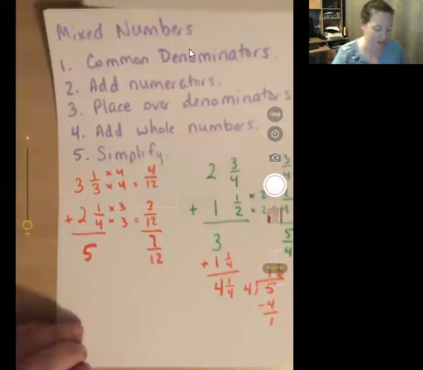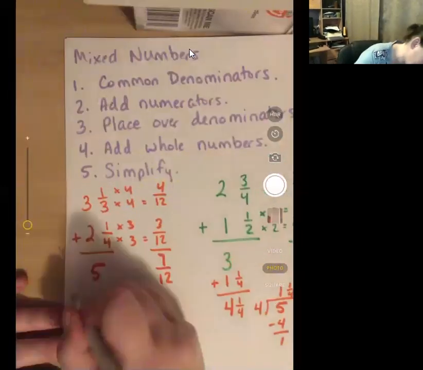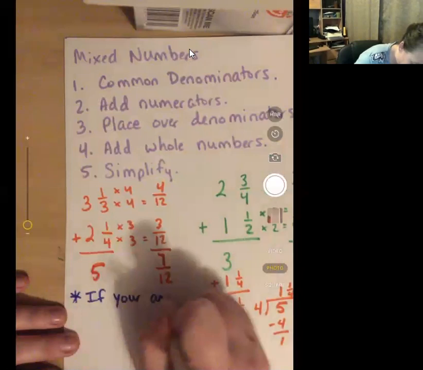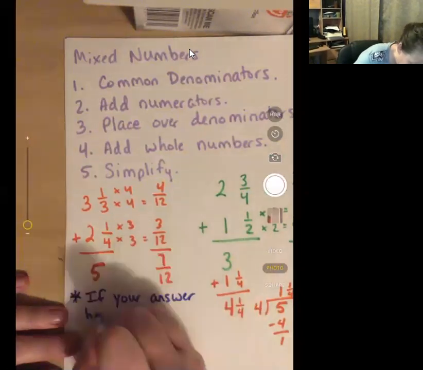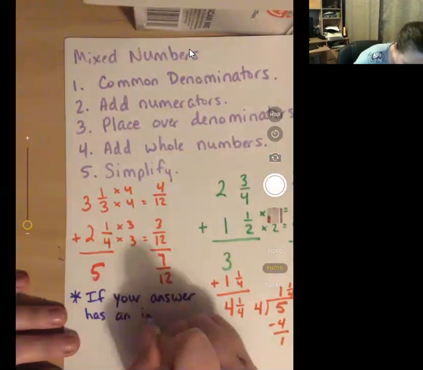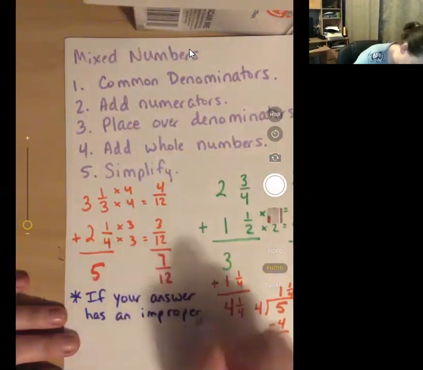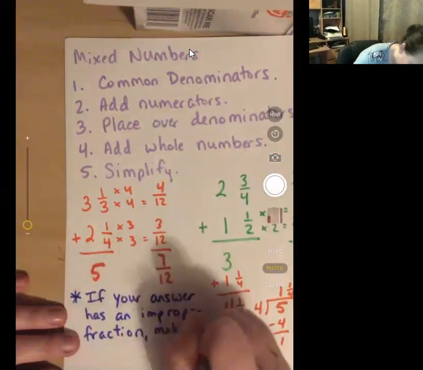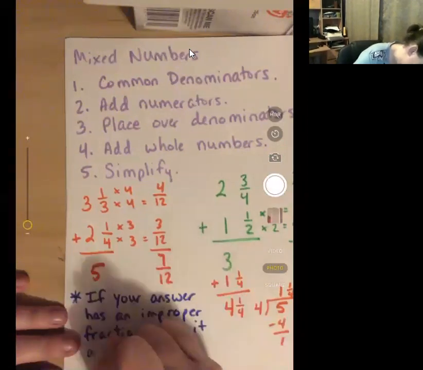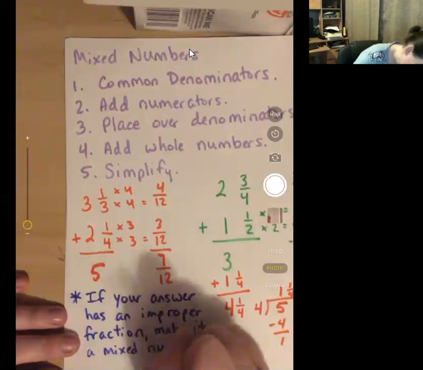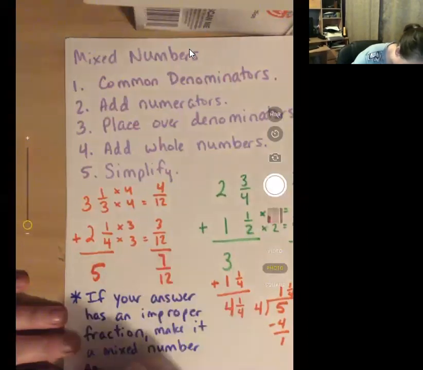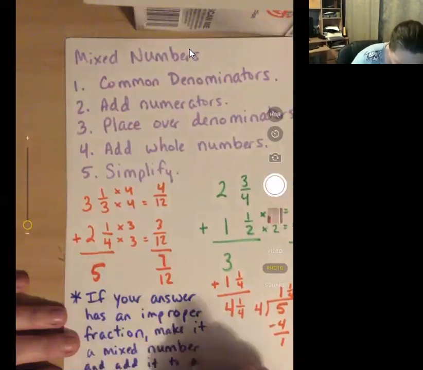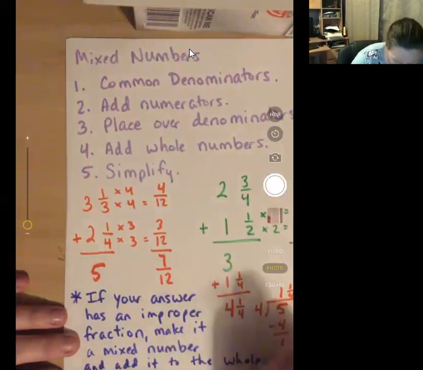So I guess down here, I'm going to put kind of an addendum. If your answer has an improper fraction, make it a mixed number and add it to the whole number.